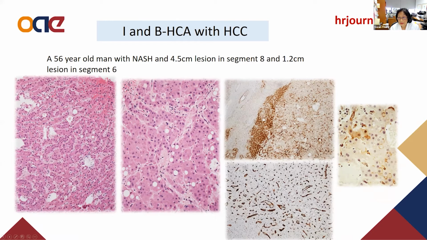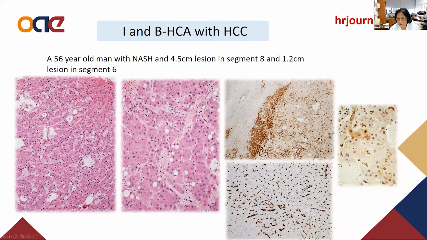Thick trabeculae, and the glutamine synthetase, this is also described to have high risk for malignancy, is the starry sky, a strong patchy distribution of the glutamine synthetase within the lesion. The CD34, as I mentioned earlier, can be helpful.